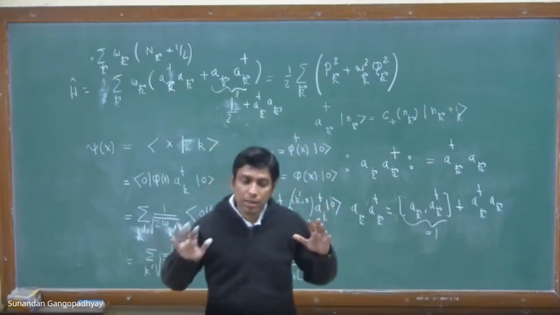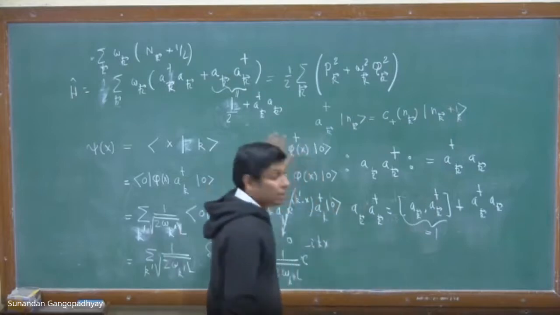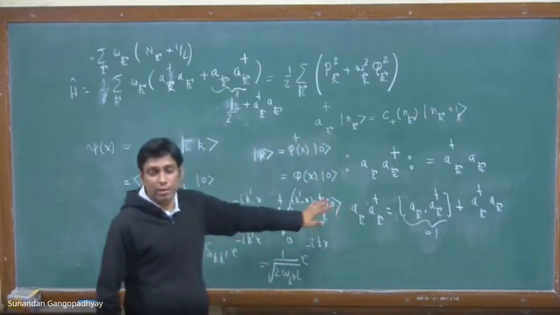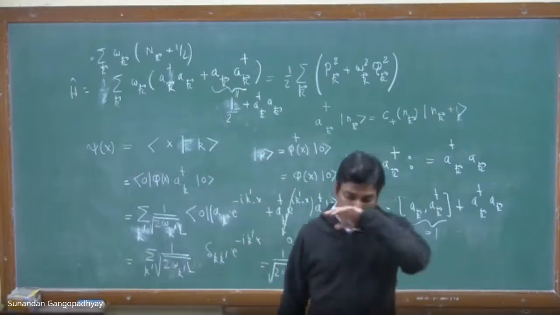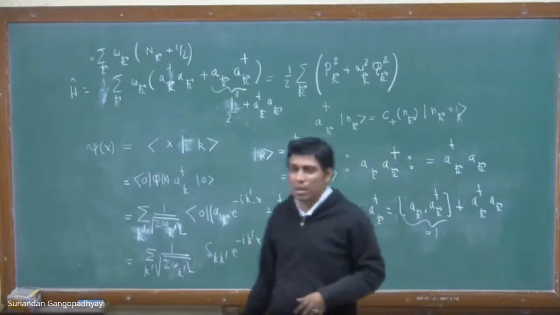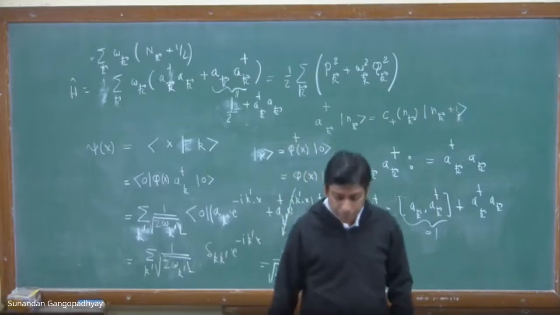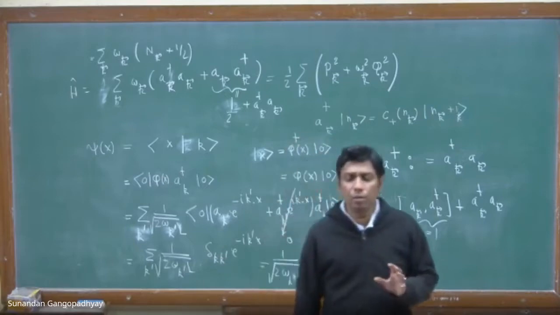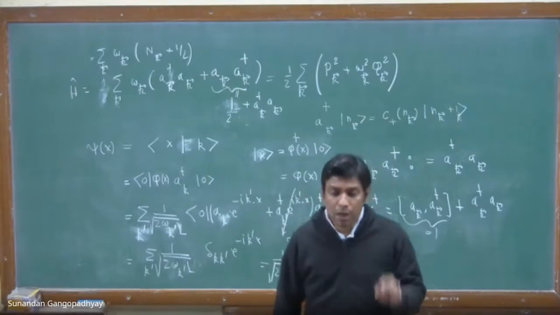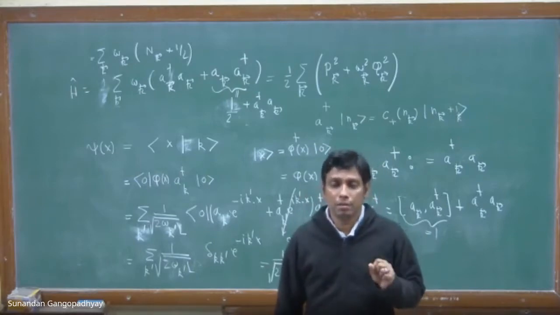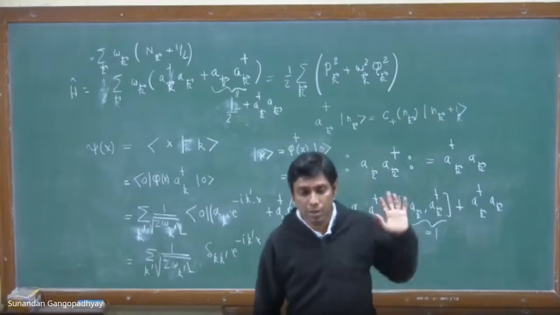So these are the things that we have learned in this relativistic real scalar field quantum field theory. In the next lecture, today I will not start because I want to end the discussion here. From Monday, we shall start quantizing the complex scalar field. So this is a real scalar field.